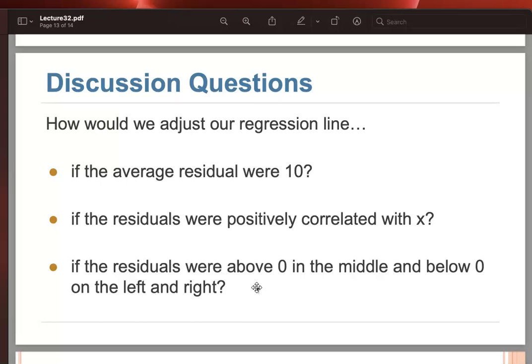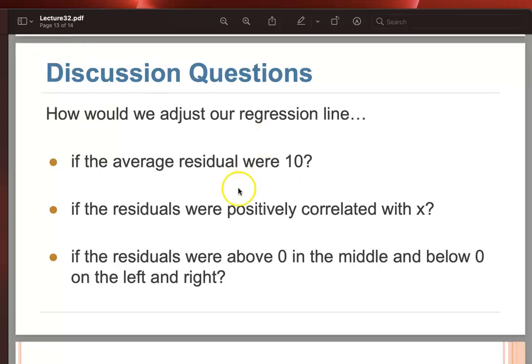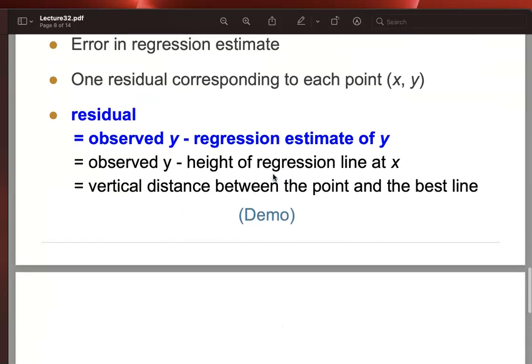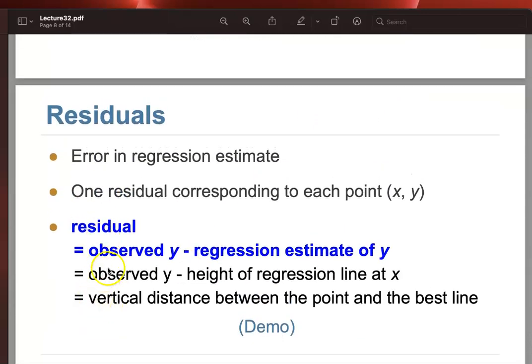The first one is the average of the residual was 10. What should we do? Actually we need to move down. Since the average of residuals should be 0 but it became 10, that means all the residuals are 10 more. So we need to adjust the intercept of our regression line. Why? Go back to the regression definition: the residual is observed y minus your regression estimate of y.